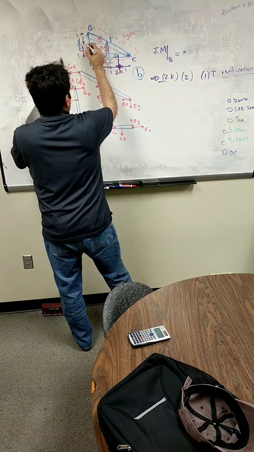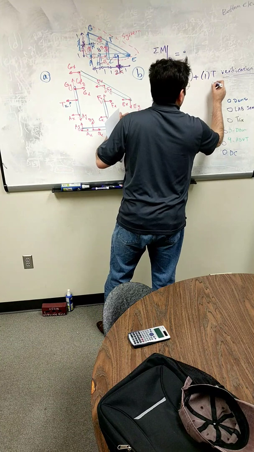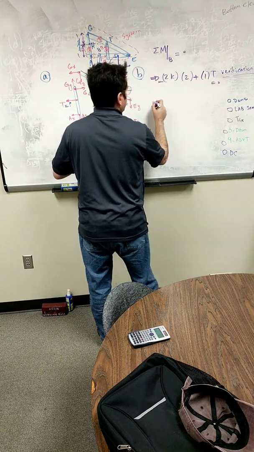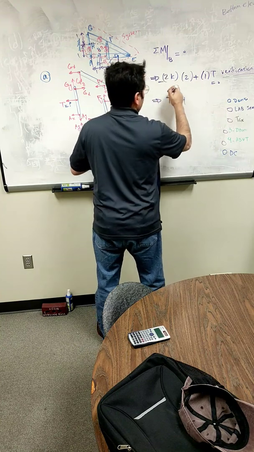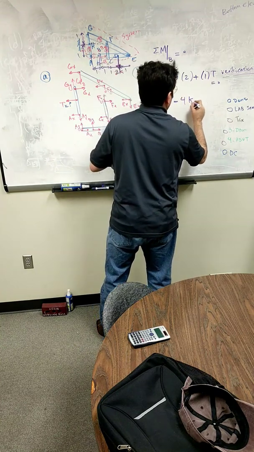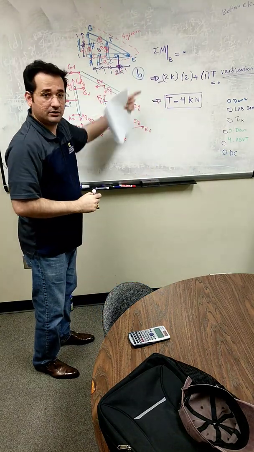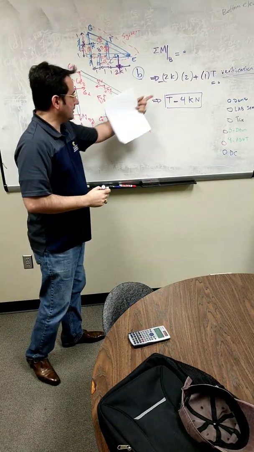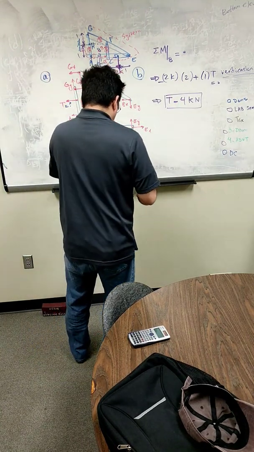Positive, because T is this way, is equal to 0. So what is my T? T is equal to 4 kilonewtons. That's the answer to part B. You see, everything is just one line. It's pretty easy. Now, let's go to the next question.